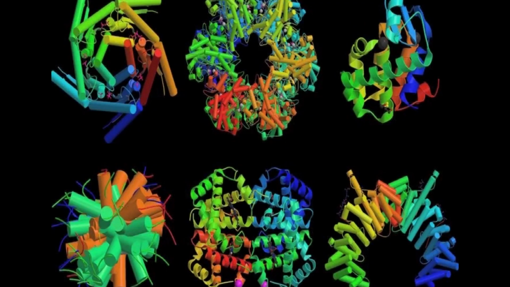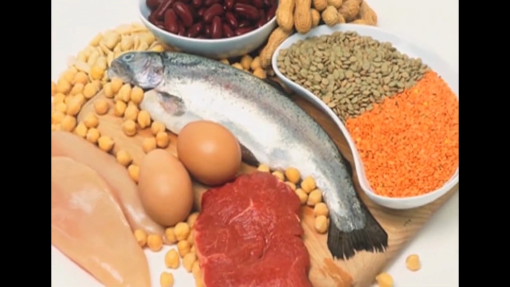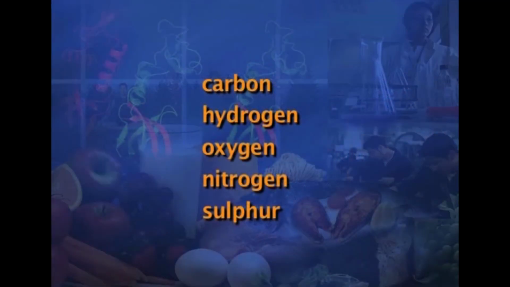which is in turn responsible for the protein's basic function. Now, proteins are an important biological class of macromolecules which are present in all living organisms, and are made up of elements like carbon, hydrogen, oxygen, nitrogen and sulfur.